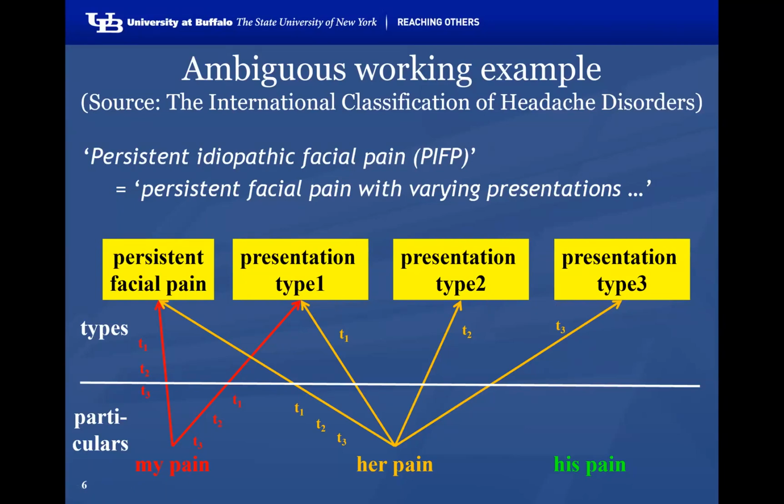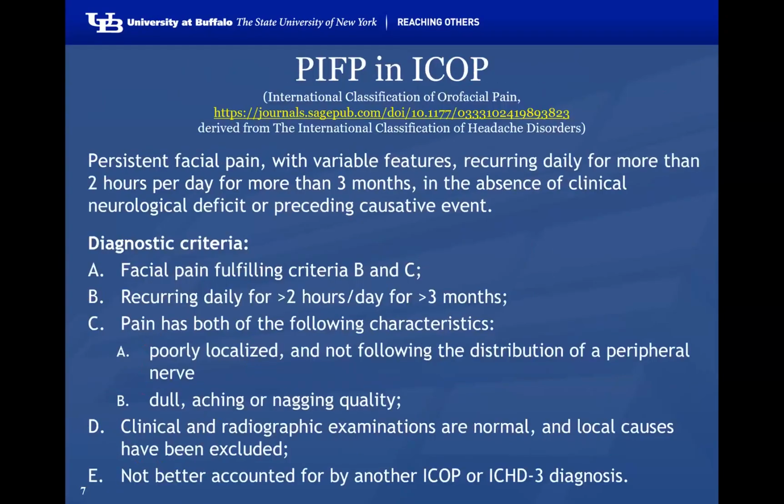What I mean by presentation types are types of pain like throbbing or aching or dull, and so on. And his pain is always persistent facial pain, but always of presentation type 3.